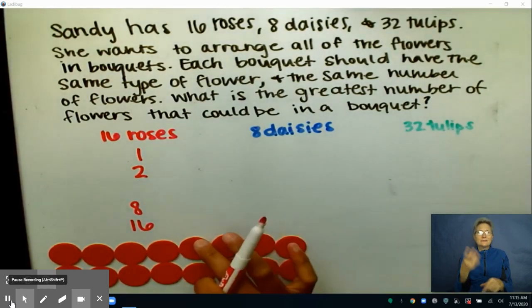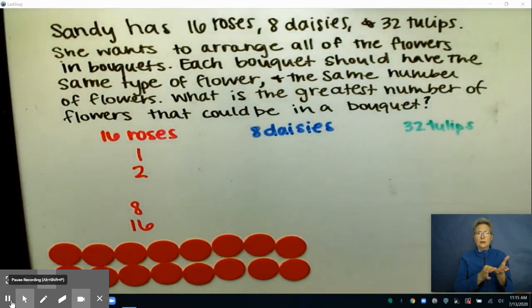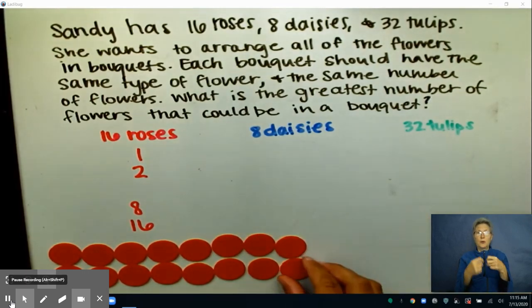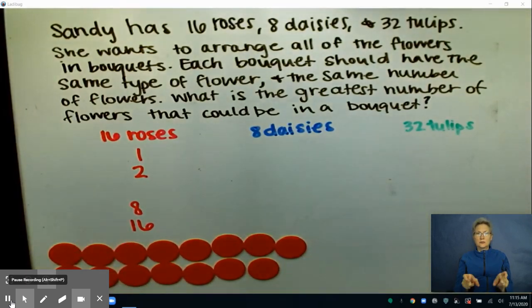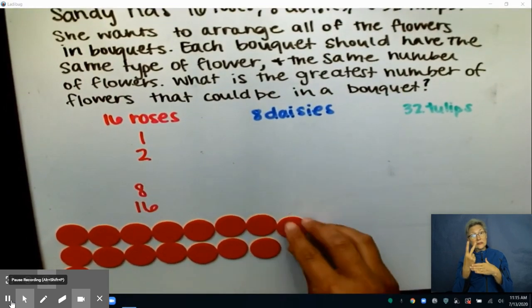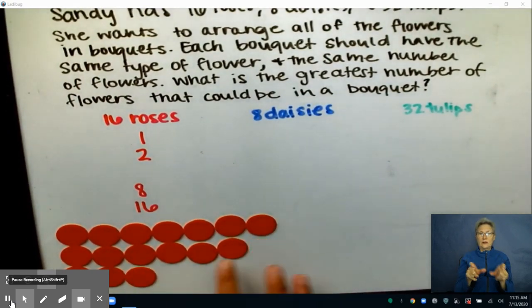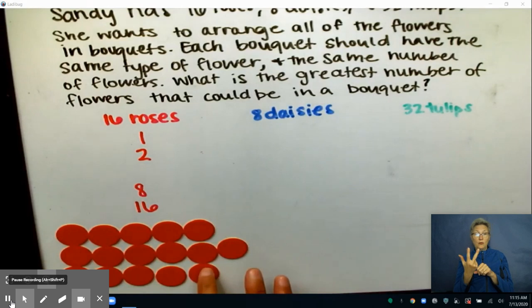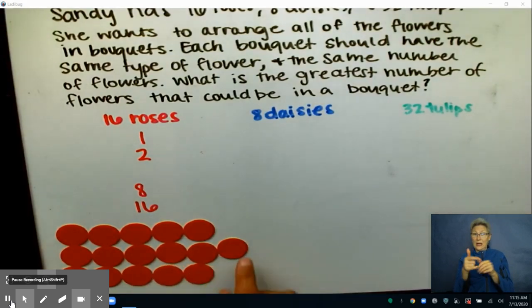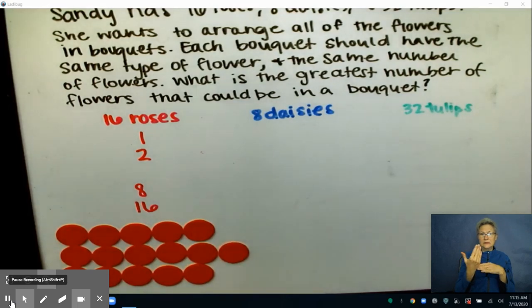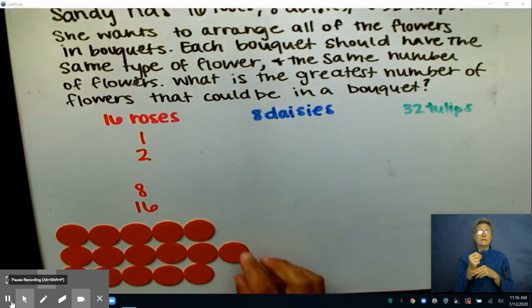So I'm going to keep going with these counters, but then as we move through our problem, we can continue just finding factors. And now I'm checking to see if 3 is a factor of 16, and I'm going to do that by making 3 rows here and seeing if I have any left over, and it looks like I do. I have this last piece that's tailing off the end here. There's an extra counter in this row, and so I'm realizing 3 is not a factor of 16.